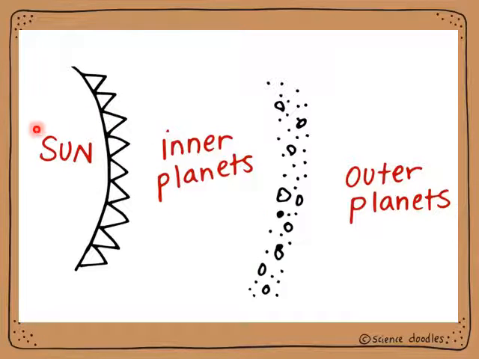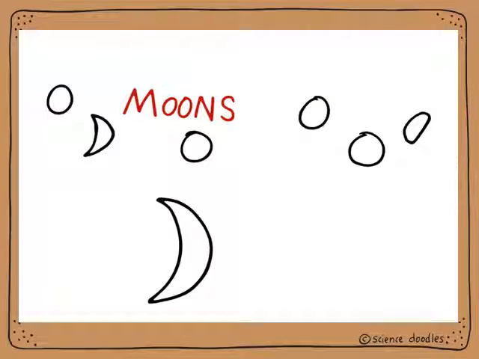So we have the sun, and then we have inner planets close to the sun, the asteroid belt, and then outer planets further away from the sun. There are moons of all kinds of shapes and sizes. Normally they are spheres or balls, just like the planets, but some moons, like the moons of Mars, Phobos and Deimos, are asteroids, so they are kind of lumpy looking. They're not spheres or ball shaped like our moon is.